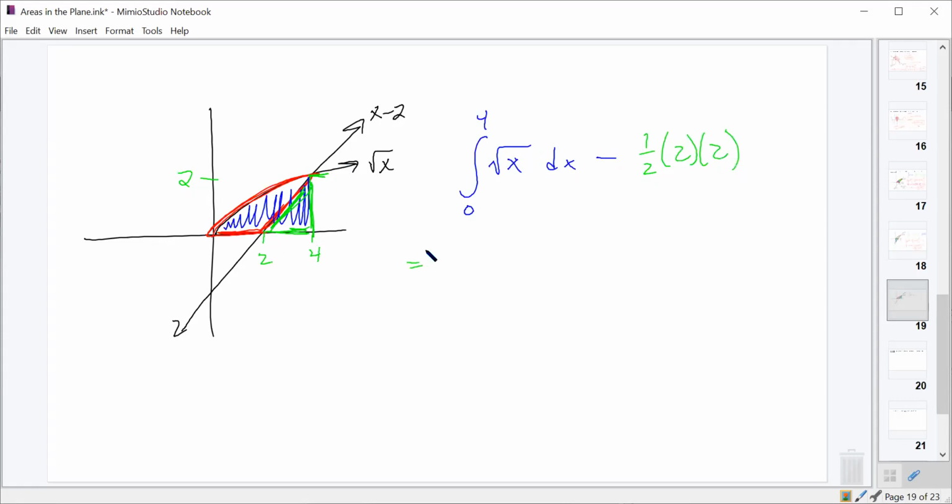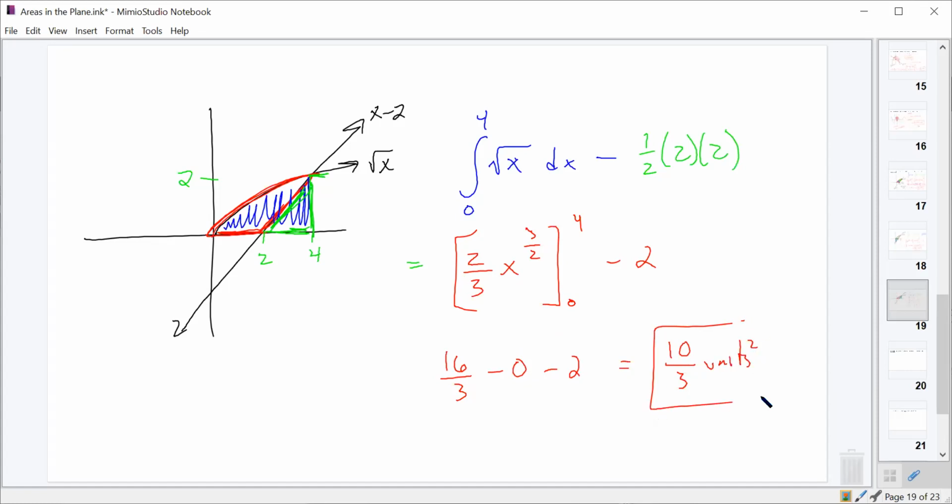And now we've got 2/3 x to the 3/2 from 0 to 4, minus 2. 2/3 x to the 3/2 is just 16/3, minus, plug that in at 0 is 0, minus 2, which is still 10/3 units squared.